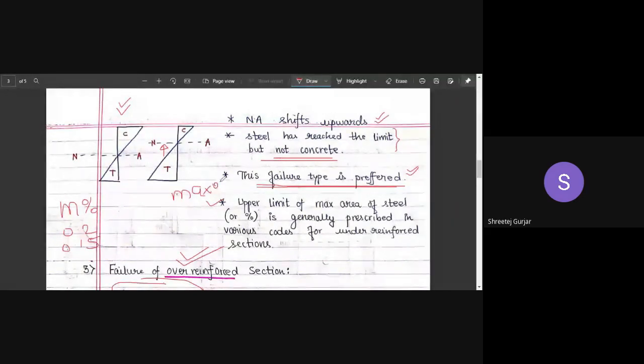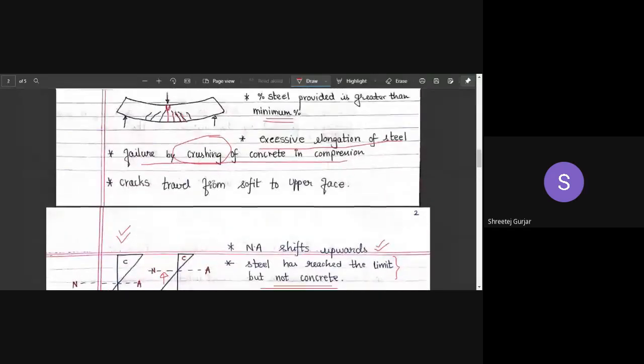This is also provided by your code so that you can keep your section in between these two. It should not reach the maximum, nor should it be at the minimum. It should be in between these two values. That is why the code gives us a maximum limit and also a minimum limit, so that you take care that it is between these two, and it behaves like an under reinforced section.